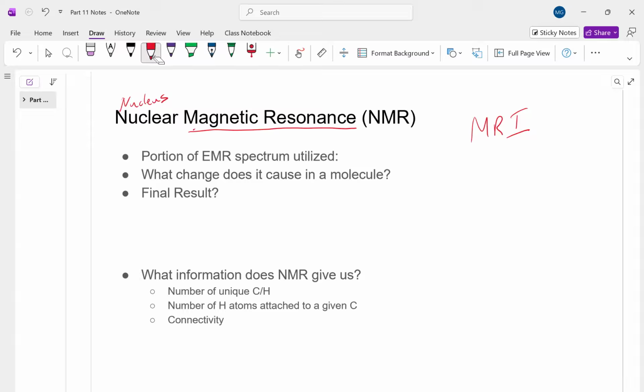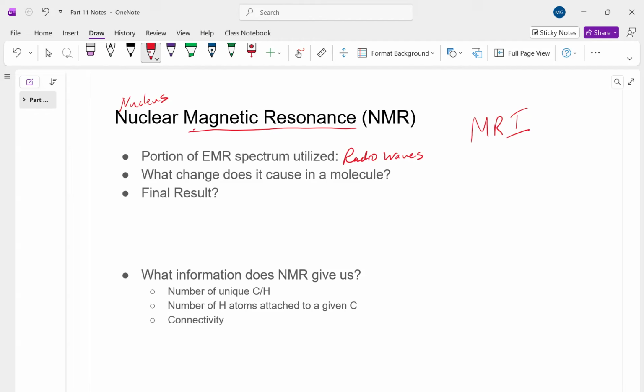Now, since this is a form of spectroscopy, it's going to use a certain portion of the electromagnetic radiation spectrum. And in this case, it's going to utilize radio waves. And like infrared spectroscopy, this is going to cause some change in the molecule. For IR spectroscopy, that was increasing the vibrational modes of the bonds.